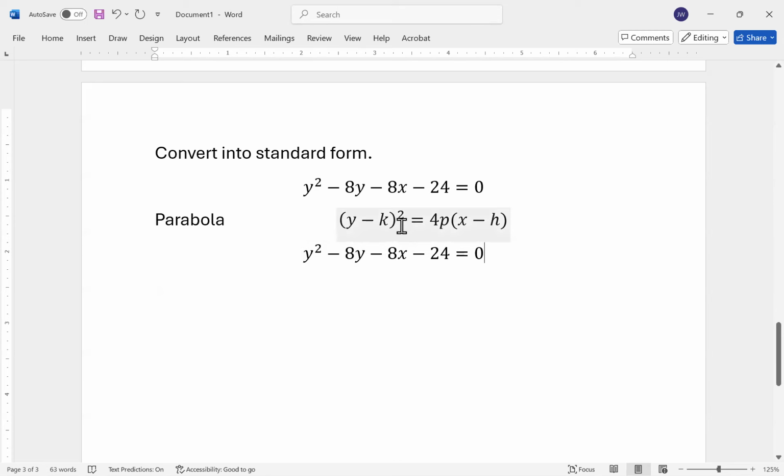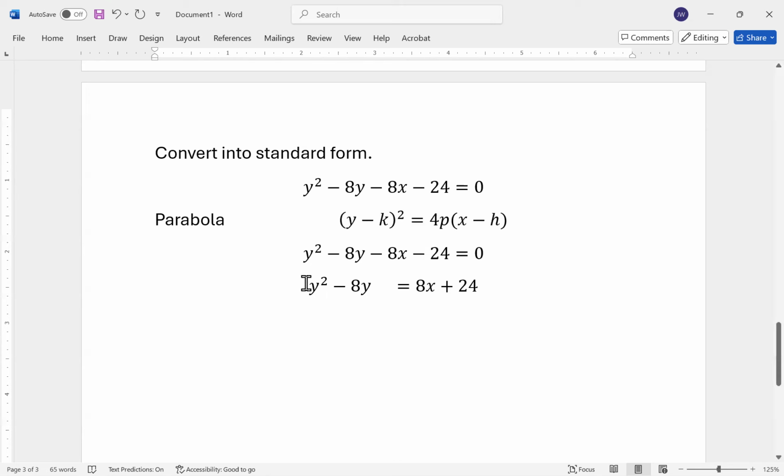Since the y parts and the x parts are going to be on opposite sides in the standard form, I'm going to force that immediately. I'll take y squared minus 8y, and then I'll leave a blank, and then I'll add 8x to both sides and add 24 to both sides as well.